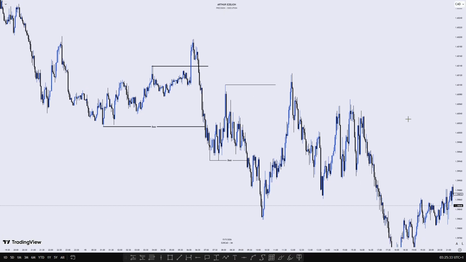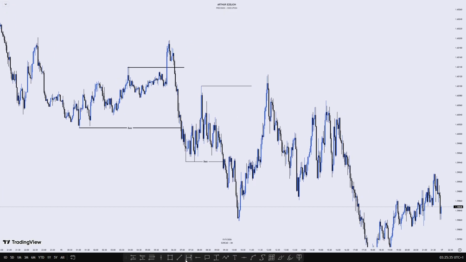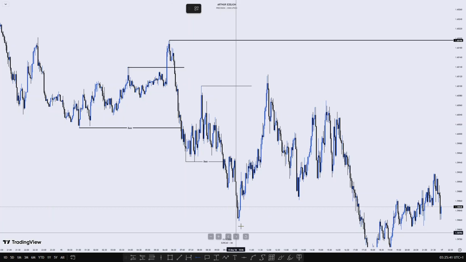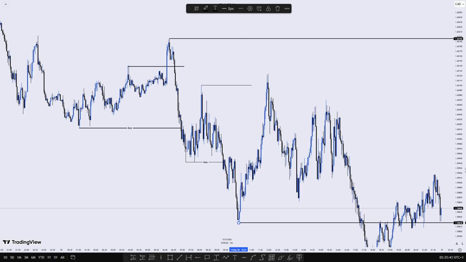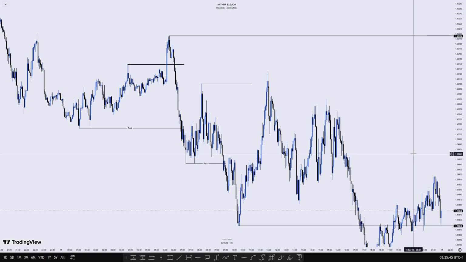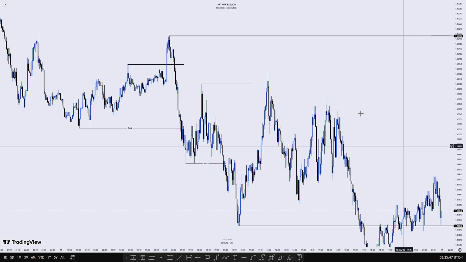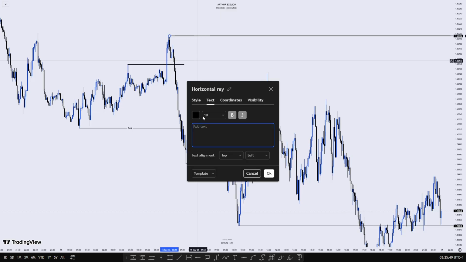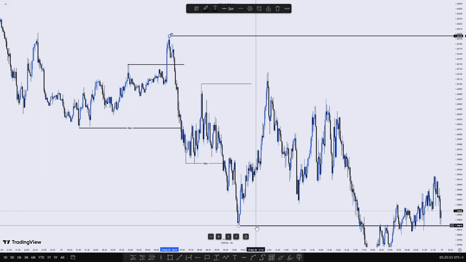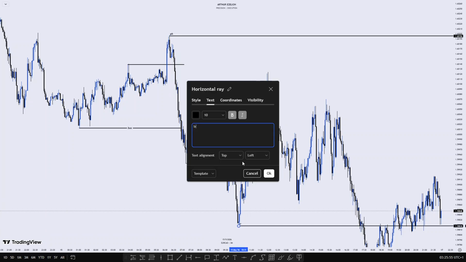Then we can now mark this low, this high, and this low as our swing structure. Right? I hope you guys are understanding. This high becomes our protected high. This low becomes our low resistance liquidity run.